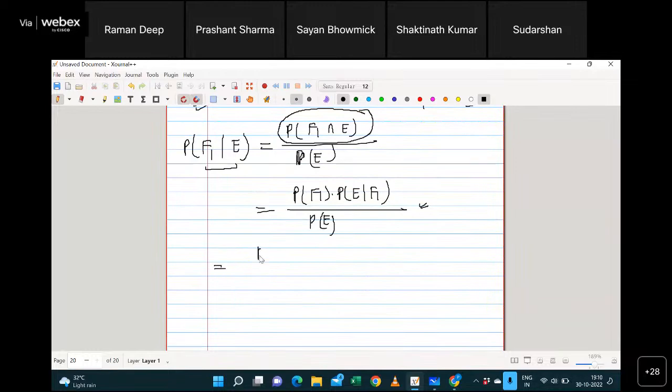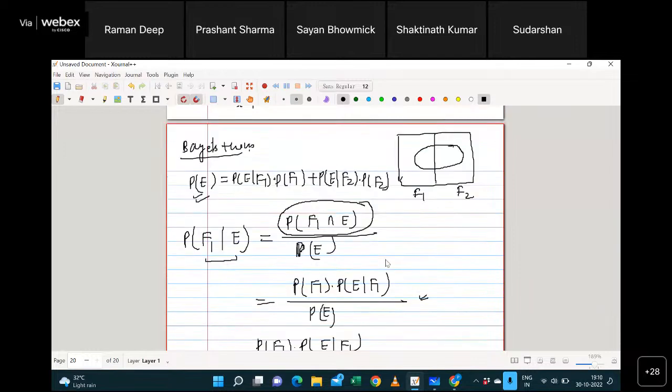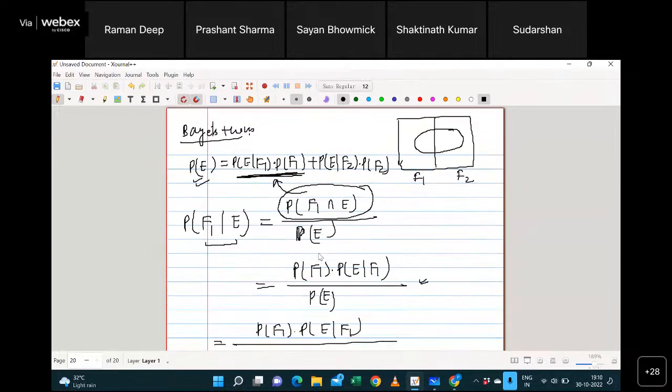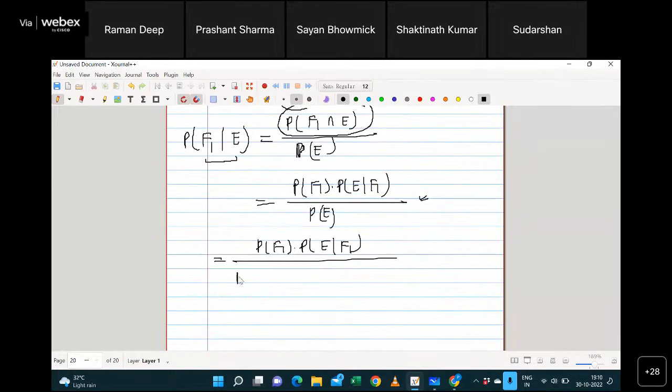Or you can write it as probability of F1 into probability of E given F1, divided by the same quantity as before: probability of E given F1 into probability of F1 plus probability of E given F2 into probability of F2. This is the Bayes rule.